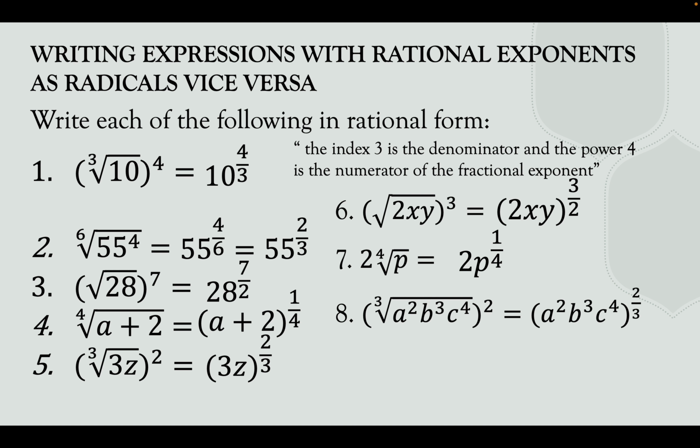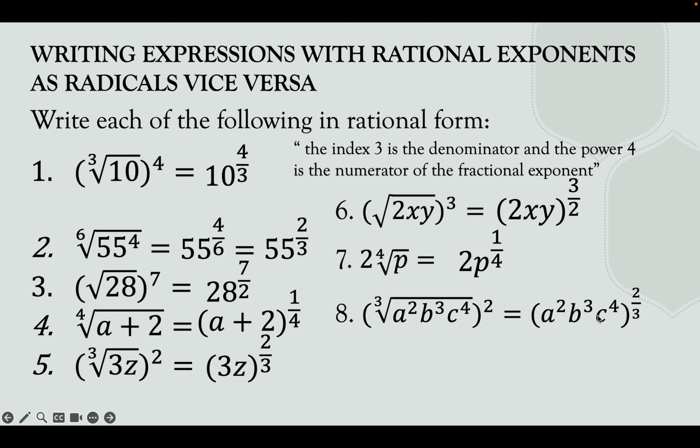Example number 8, we have the cube root of a squared b cubed c raised to 4, all raised to 2. The base here is a squared b cubed c raised to 4, the numerator is 2, the exponent, and the index will be the denominator.